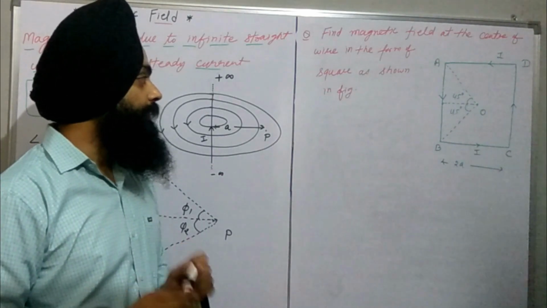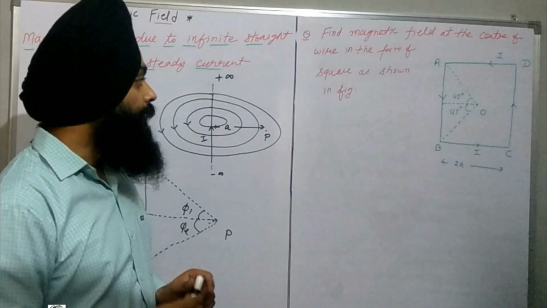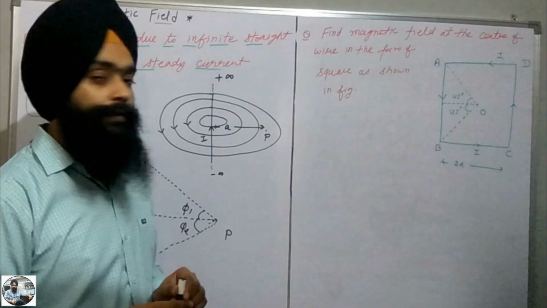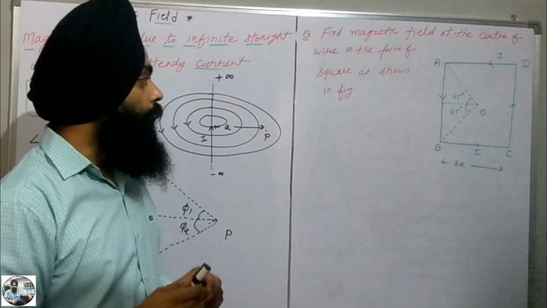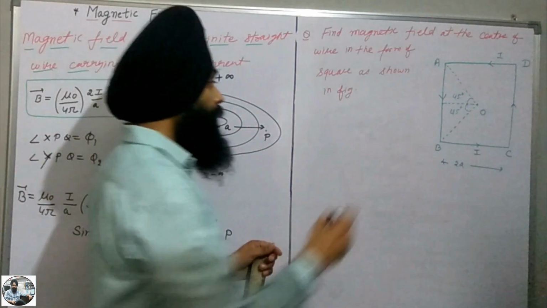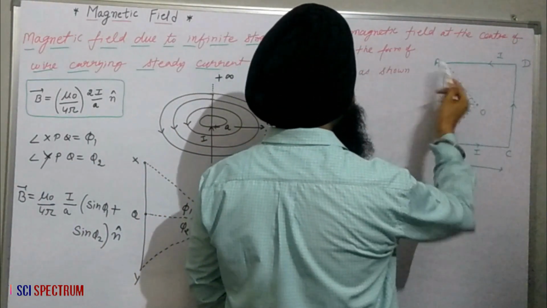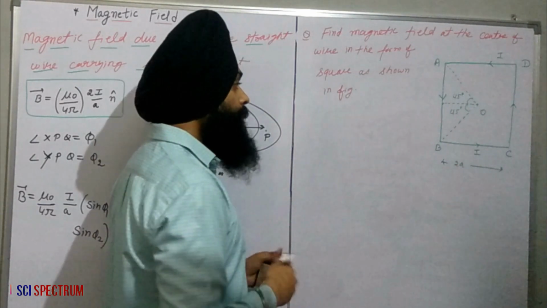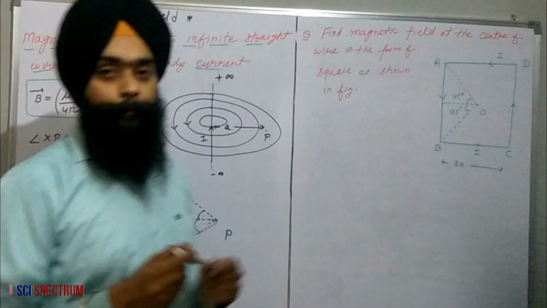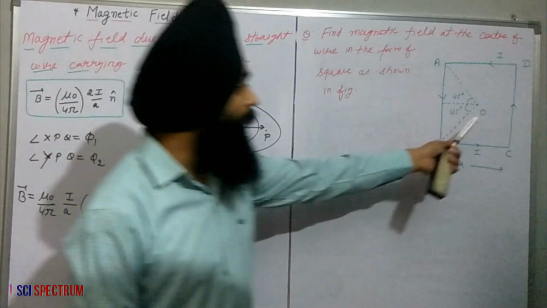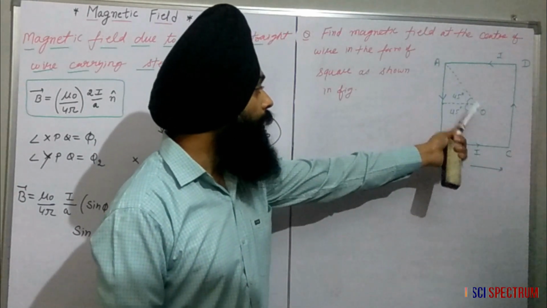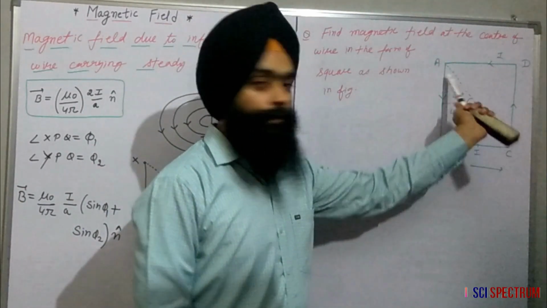If we see the square in another way, we can consider that the square is a combination of 4 straight wires: wire AB, BC, CD, DA. The magnitude of magnetic field B at the central point O will be equal for all these conductors.